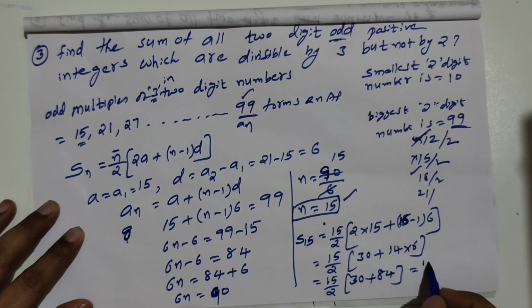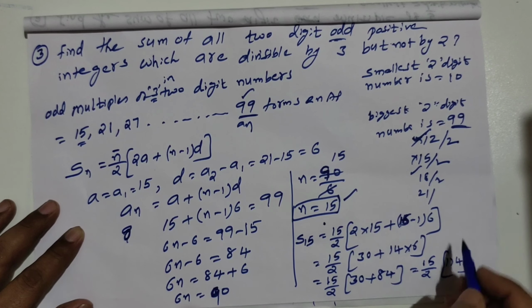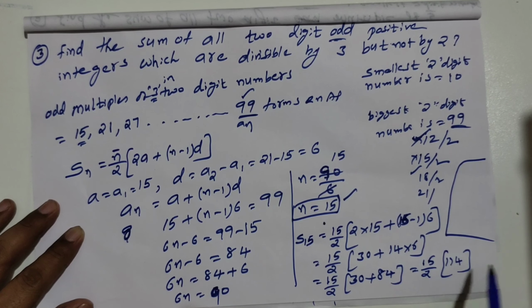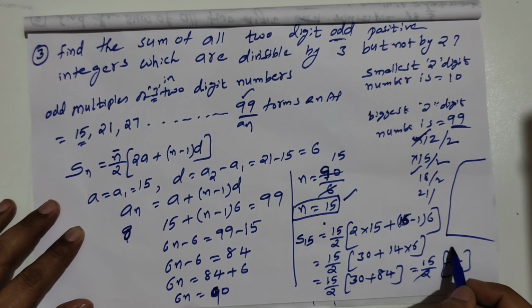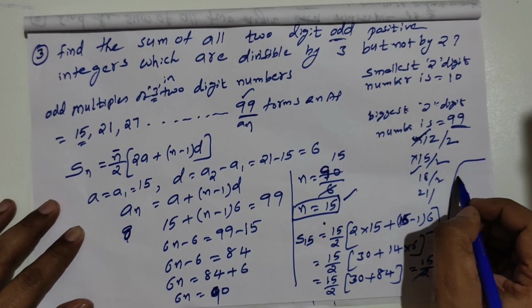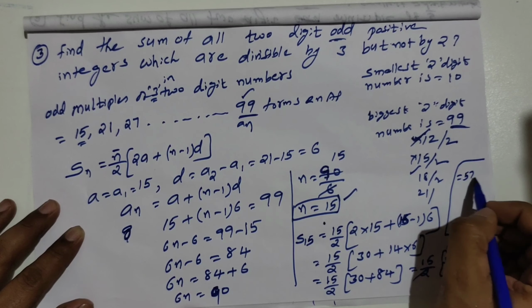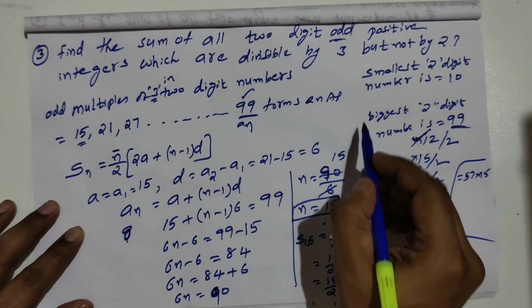So we get easily 15 by 2 into 114. By cancellation we get 57 into 15.